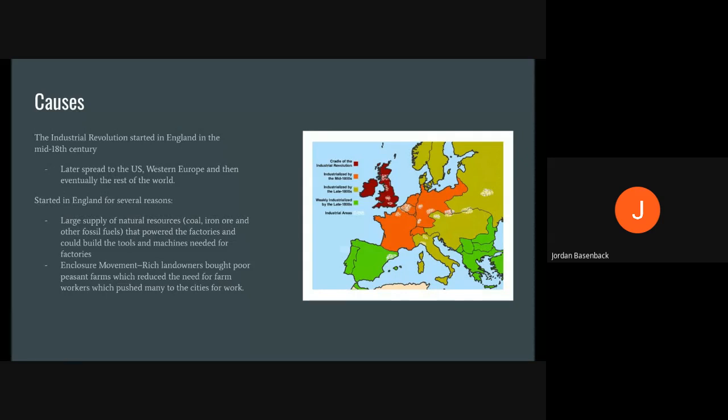And so a lot of people no longer were needed in order to do farm work. Farm technologies were also improving, and so fewer people were needed in order to carry out this farm work. And so now you have this labor supply that can move to the cities and help work in these factories for these new technologies that are being built and to create products in a more rapid fashion.